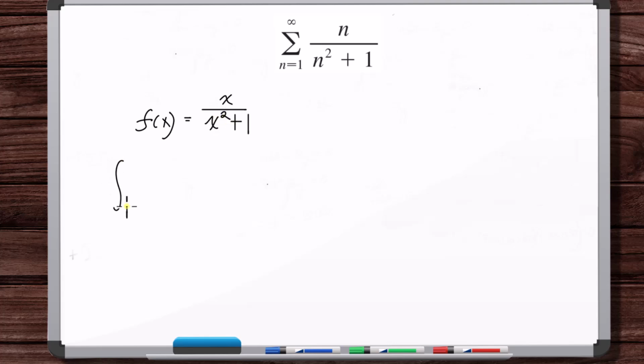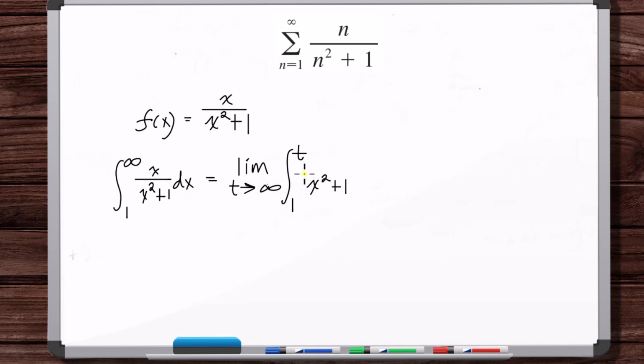Okay, so the integral test from 1 to infinity, this is equal to, okay, so what is this?